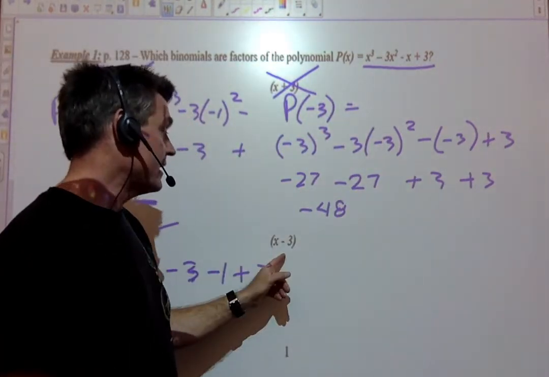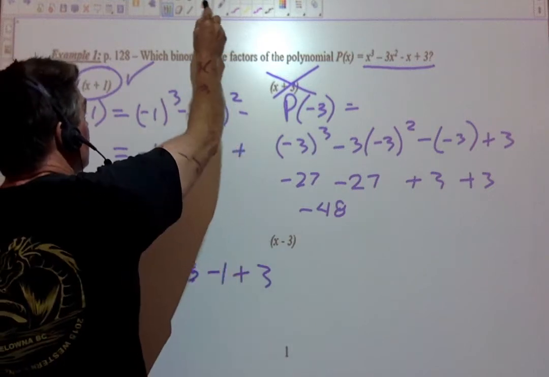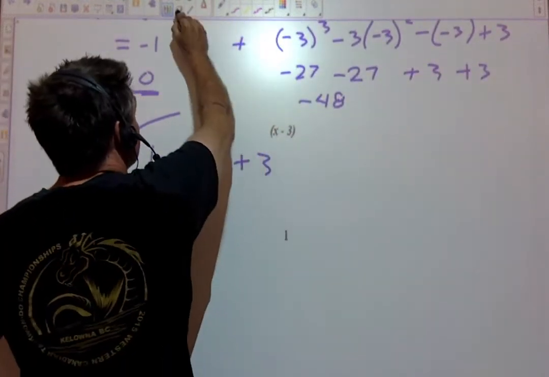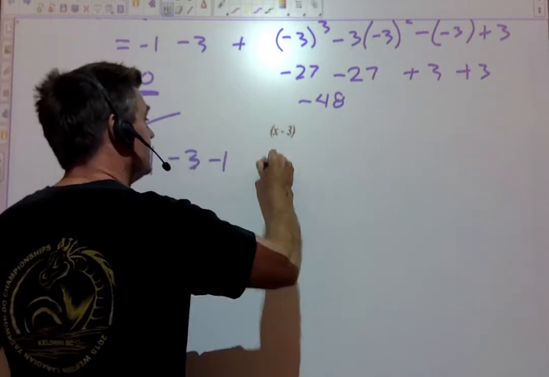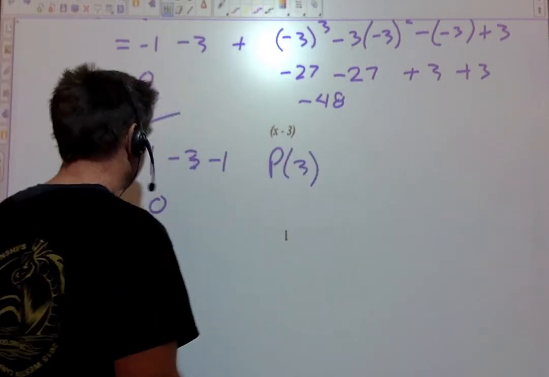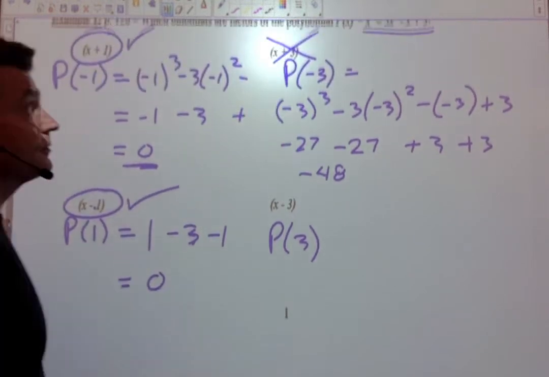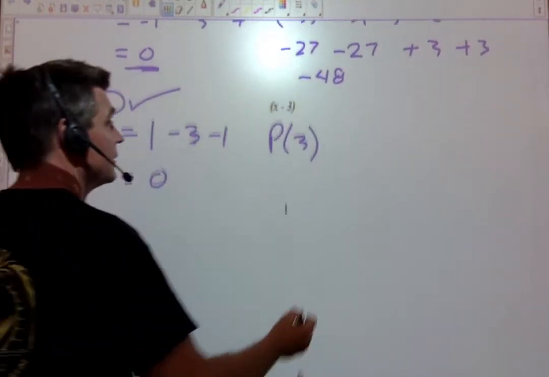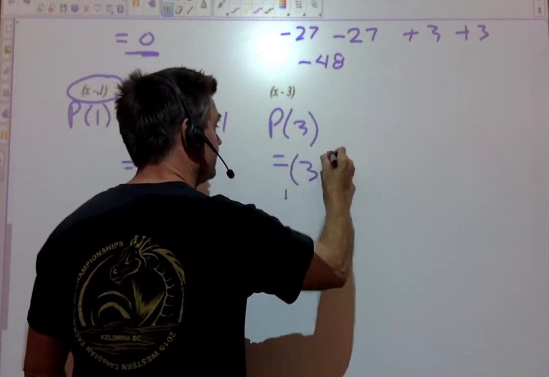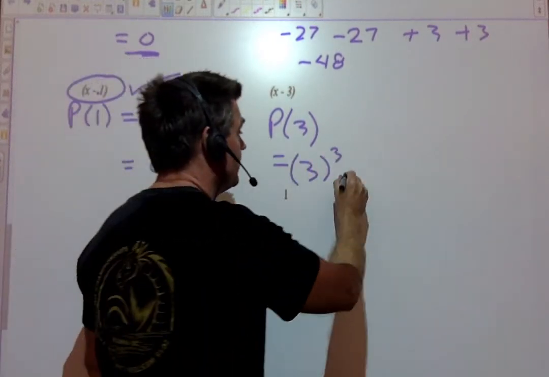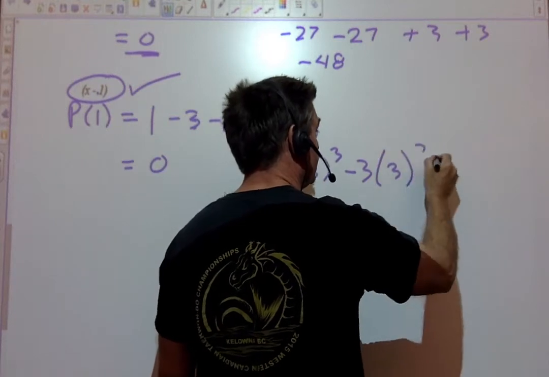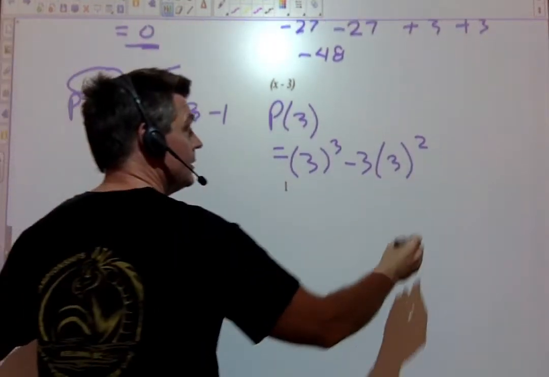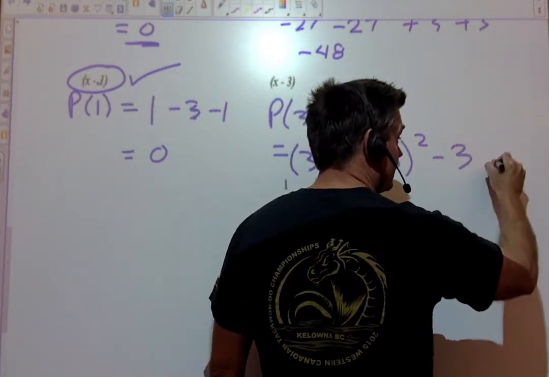No. X minus 3? Let's try this last one. So in other words, I'm plugging in, I'll get rid of this stuff here. What's p of +3? So remember, I'm just taking +3 and I'm plugging it in. So this is equal to 3 cubed minus 3 times 3 squared minus x and then plus 3.